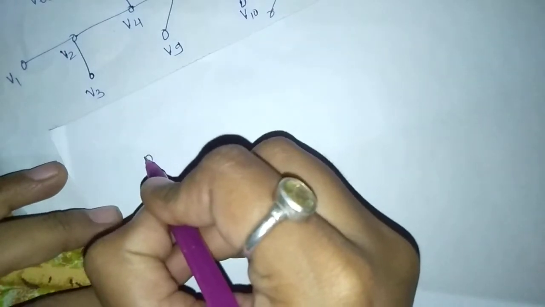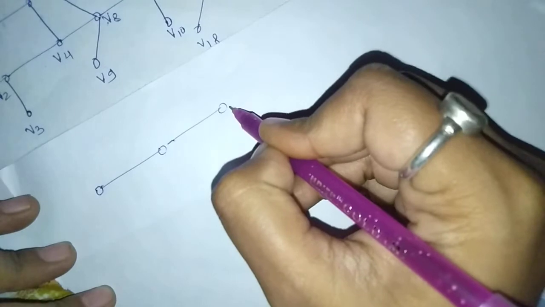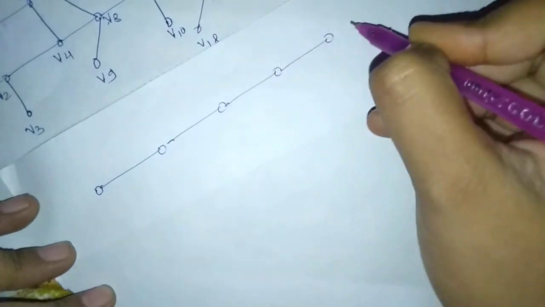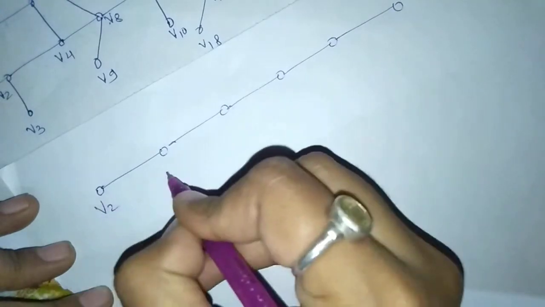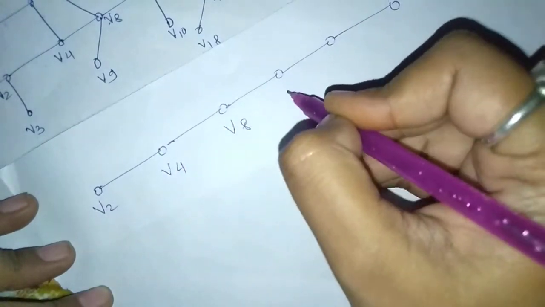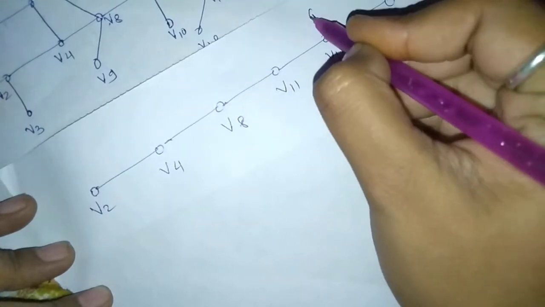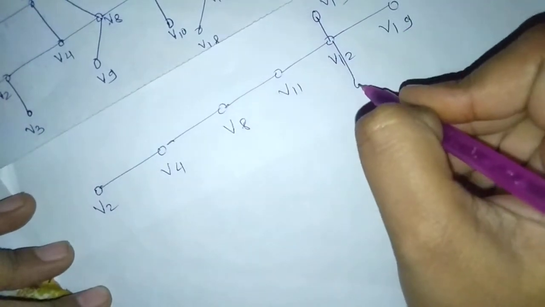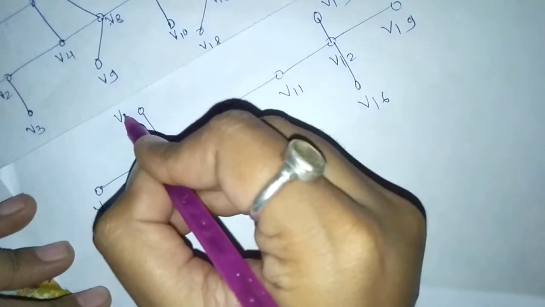When we remove these vertices, we get V2, V4, V8, V11, V12, V19, V13, V16, also V5.